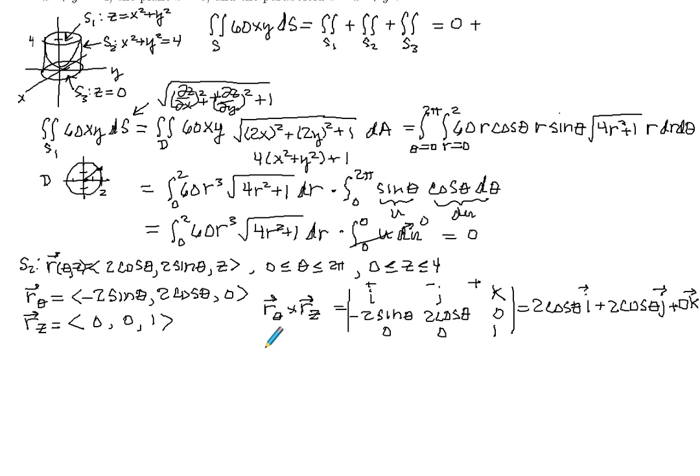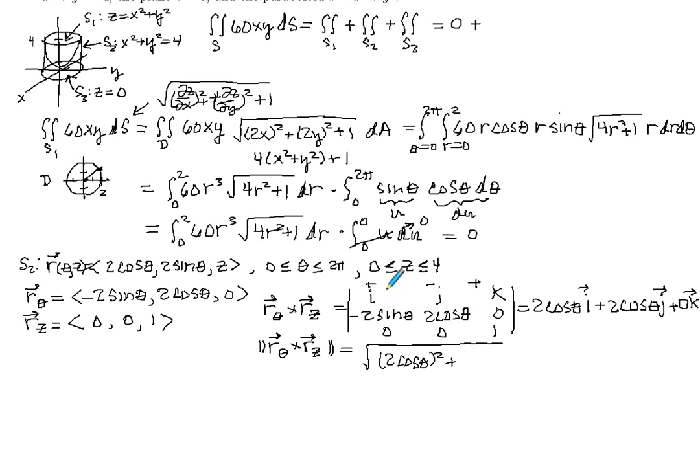So the length of r_theta cross r_z is going to be equal to the square root of 2 cosine theta squared plus another... I'm sorry, let's see here. No, I did something wrong.